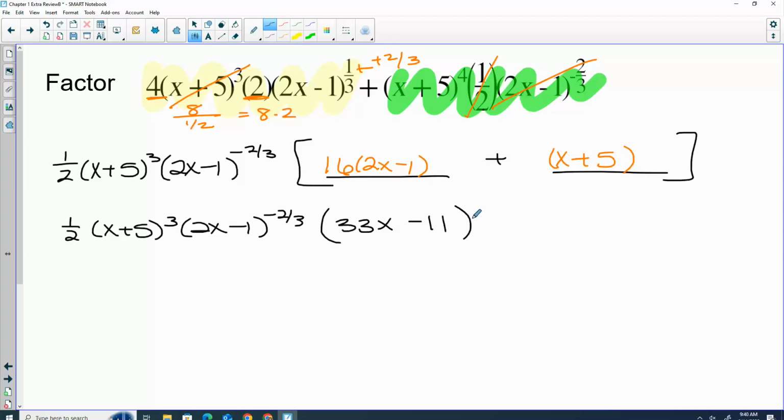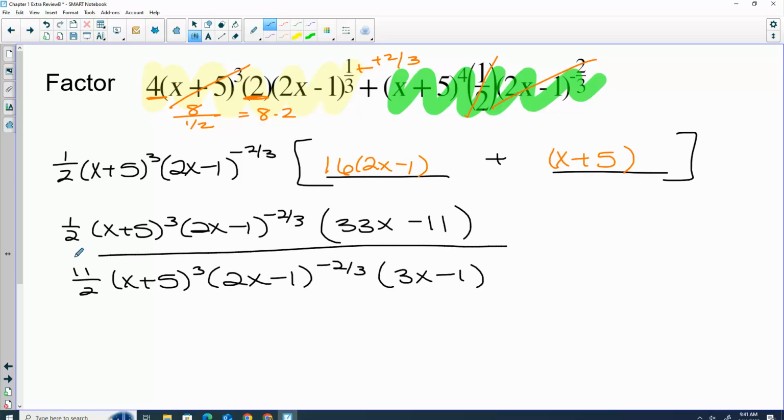What could I take out there? 11. You could just put it in front, so we get 11 halves, x plus 5 to the 2/3, 2x minus 1 to the 2/3, and then that'll be a 3x minus 1.